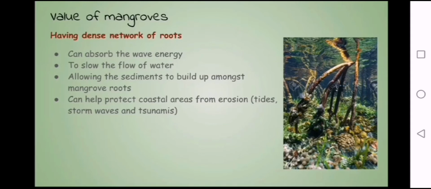This network of roots allows the sediments that are washed down by rivers and washed up on coasts to build up amongst mangrove roots. The dense network of mangrove roots and the build-up of sediments can help protect coastal areas from erosion by tides, storm waves, and tsunamis.